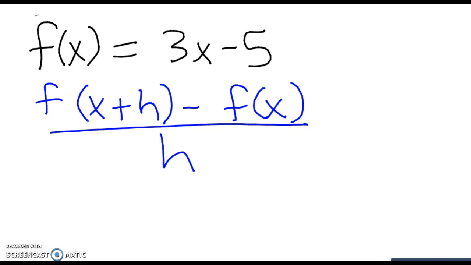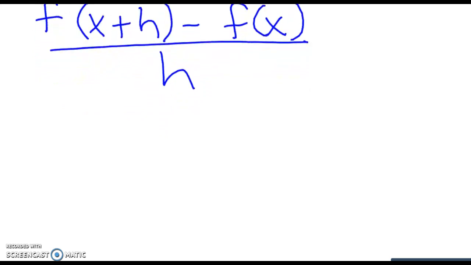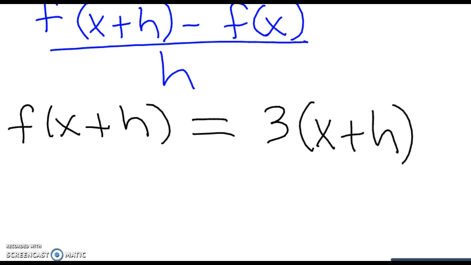I like to take this in steps or calculate it in phases. So first we're going to start by finding what f of x plus h equals. F of x plus h is going to equal 3 times x plus h minus 5.